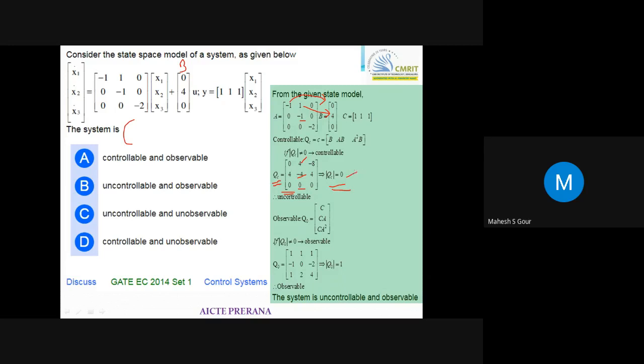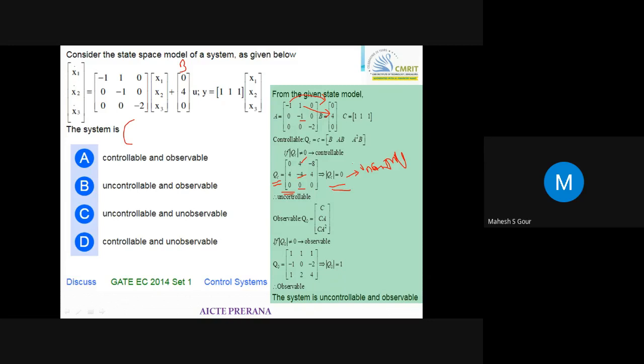It means this is uncontrollable. Uncontrollable means if I give a certain input to achieve my desired output, I am not getting that, because it is not controllable. It is behaving some other way, like mad, so that I'm not getting my desired output.